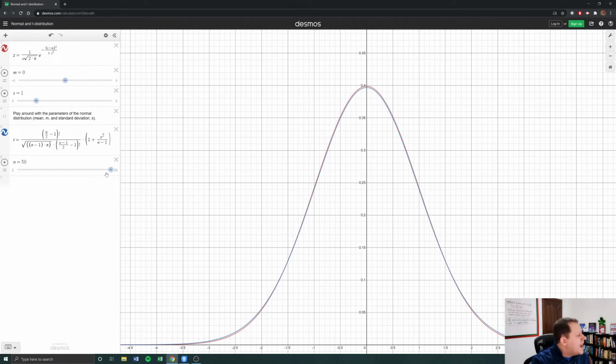In fact, if we had a slider that went all the way up to infinity for n, the T curve would become the standard normal curve. So for high sample sizes, using T and using the normal curve, you're going to get almost exactly the same results. So why do we even need this T distribution if it's so close to normal?